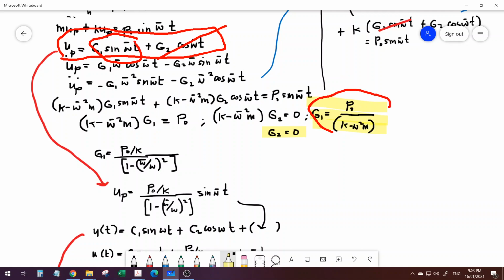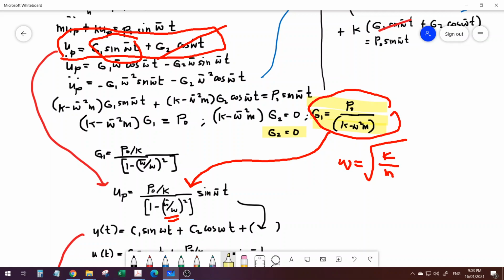So plug in G1 sine omega bar t, and that is your particular solution. U sub P is equal to P naught over K, 1 minus omega bar over omega, all squared, times sine omega bar t. This happens because, remember, omega is equal to square root of K over M.